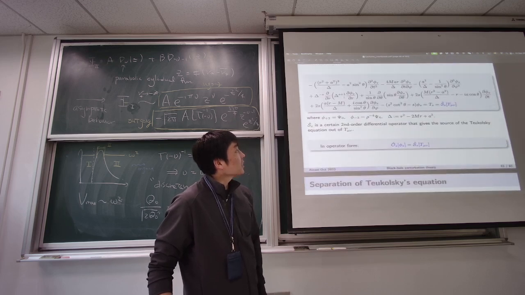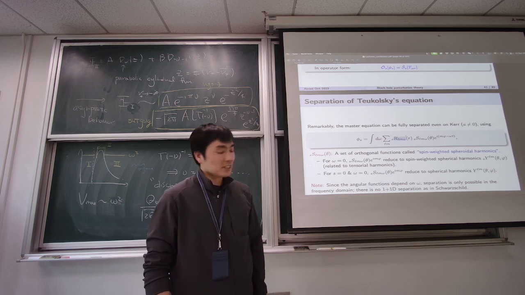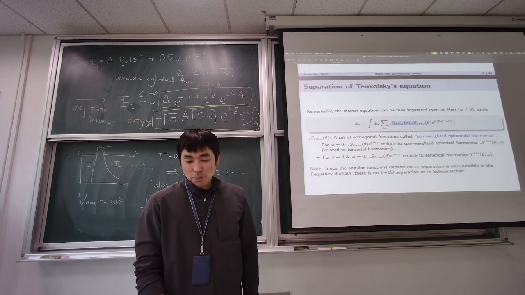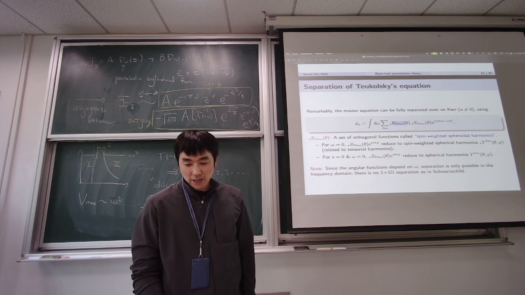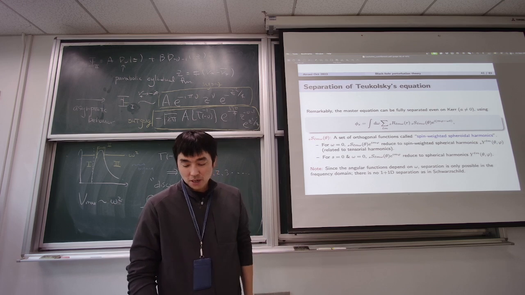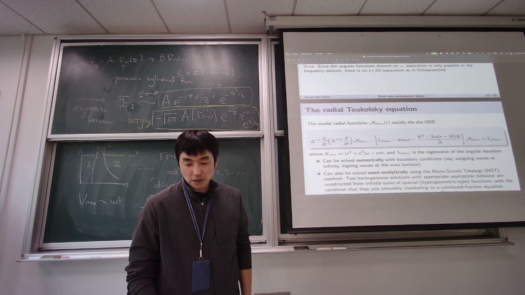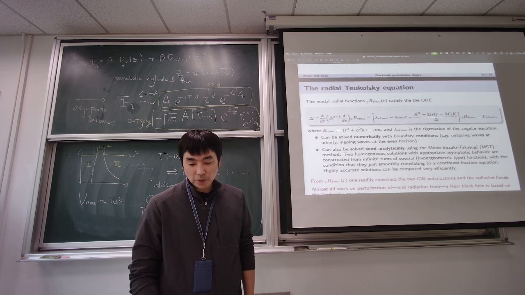This phi_s has a factorization property into R and S, where S is an orthogonal function called spin-weighted spherical harmonics and so on. One can look at the R part of the equation, which becomes relatively simple this way, and one can solve it numerically.